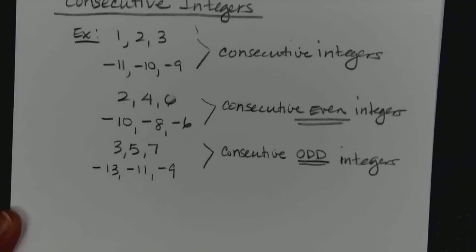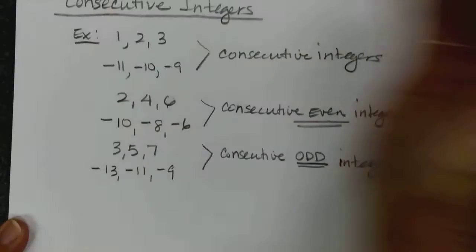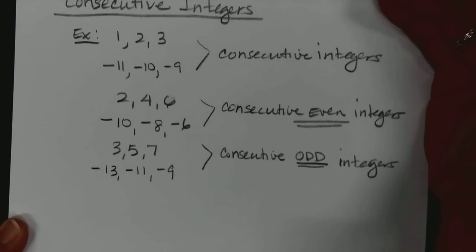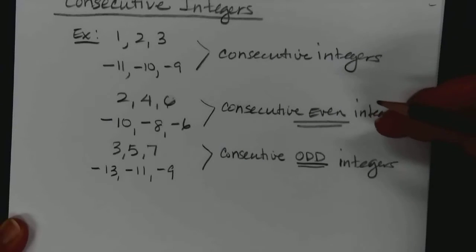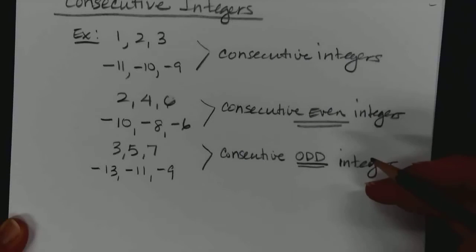Did I do that one correctly? Okay. The negative's a little harder because you're going least to greatest, but you know that the bigger the negative, the smaller it is. So these are the three types of problem you will see. Either they're going to ask for find the consecutive integers or consecutive even integers, consecutive odd integers, okay?